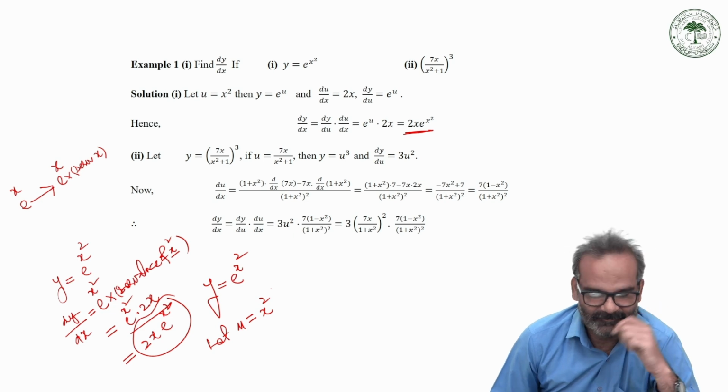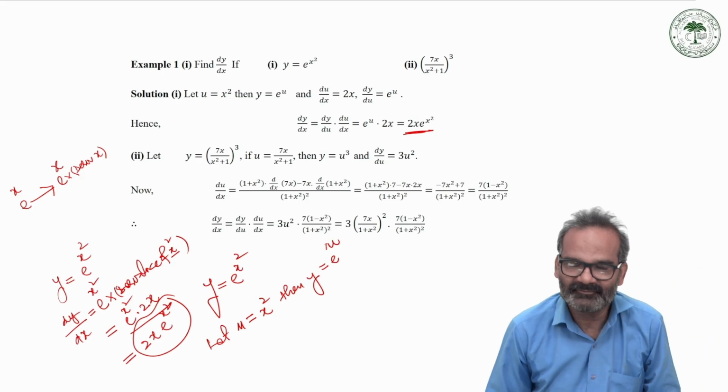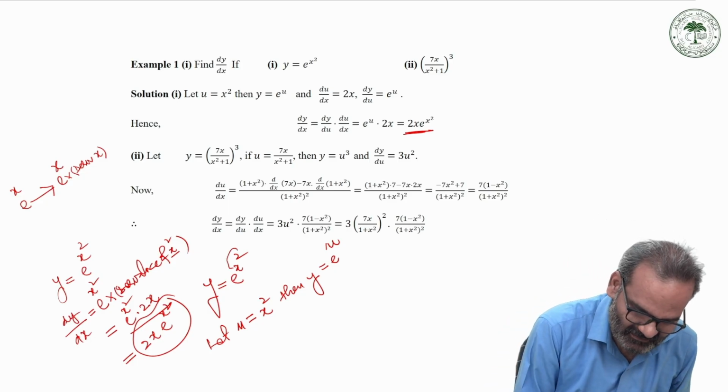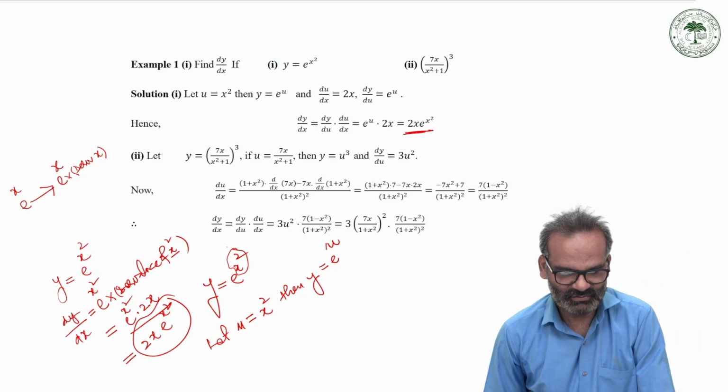Look carefully. We have taken this term x square as u. Then what is the value of y? Y will become e power u, right? If this portion we have taken as u is equal to x square, then y will be equal to e raised to the power u.